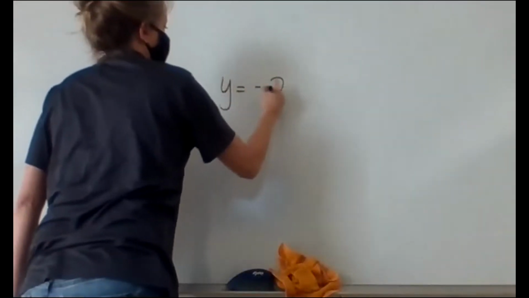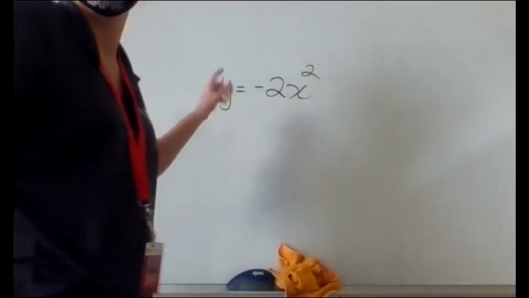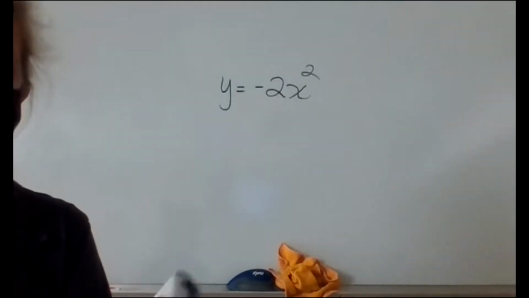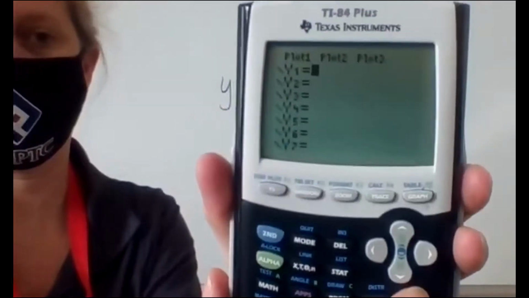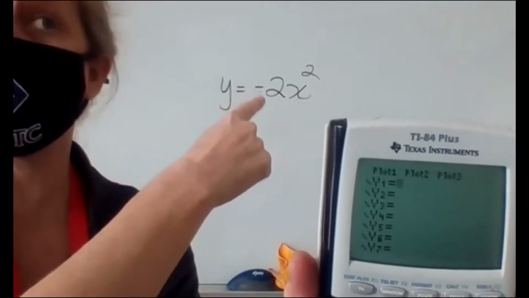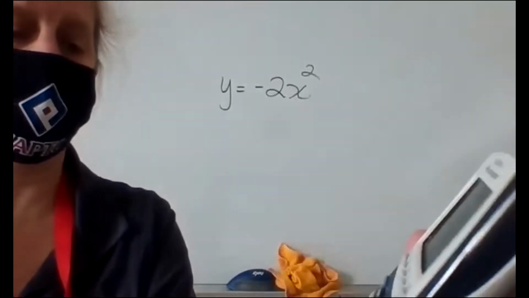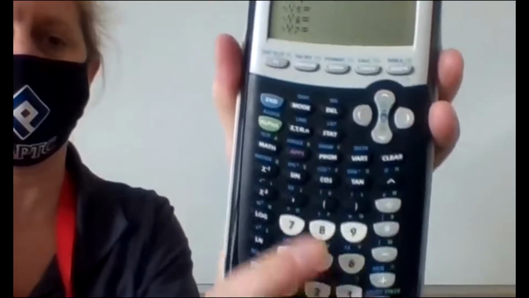So y equals negative 2x squared. I've already got my y equals. So I don't need to move anything around here. So I'm going to go now straight to y equals, clear it out, and type in what I'm graphing, which is negative 2x squared. Remember, your negative is below your 3, negative 2x.